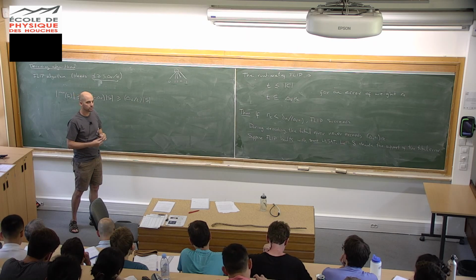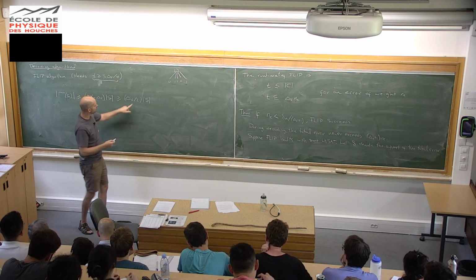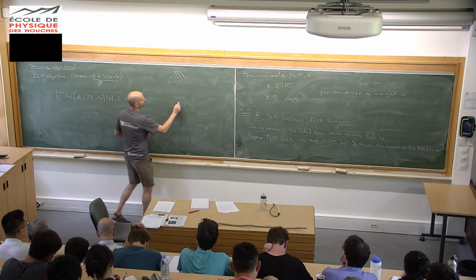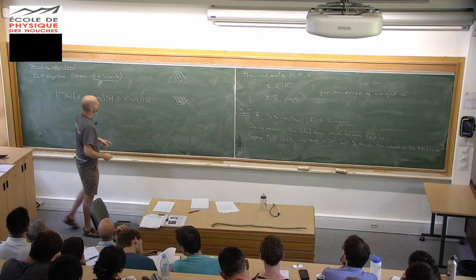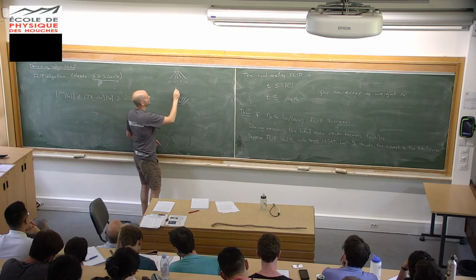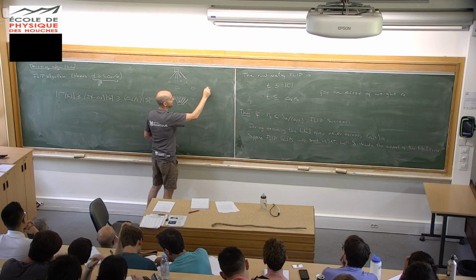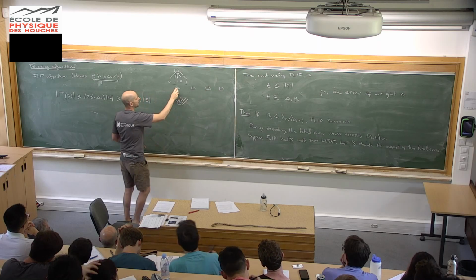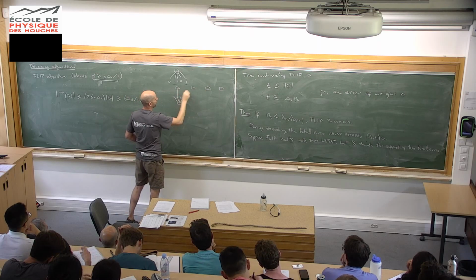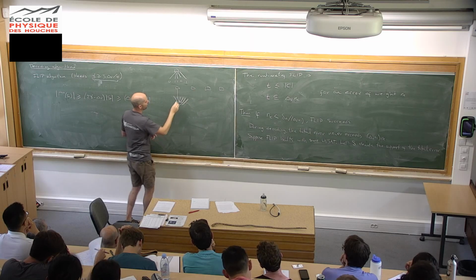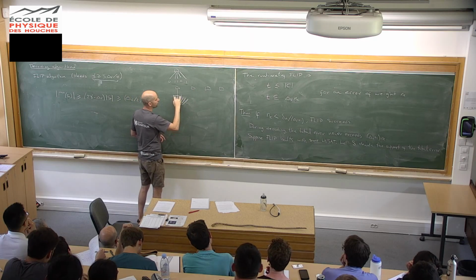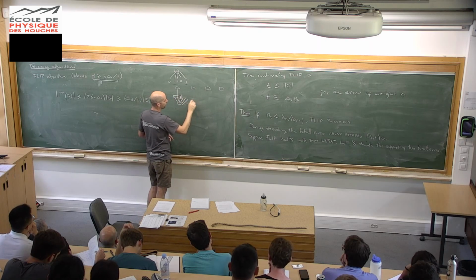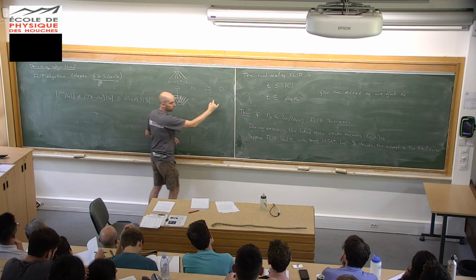Does everyone see this? So you have your variables down here, and I'm counting the size of the unique neighbor. What I'm saying is that this unique neighbor is larger than half of the edges coming out of every bit.